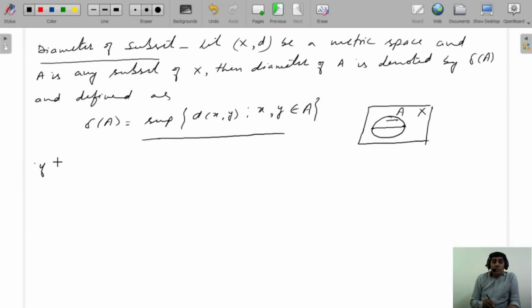If diameter of A is finite, then A must be finite.